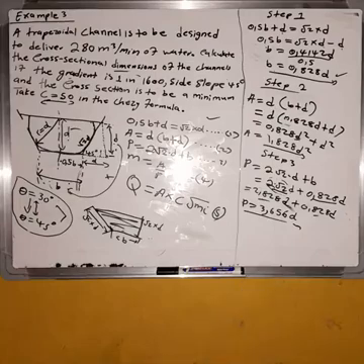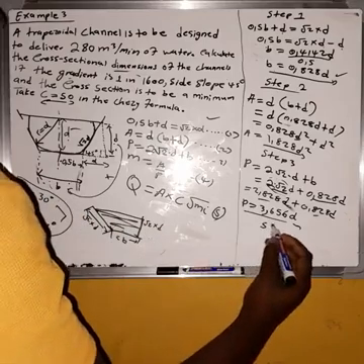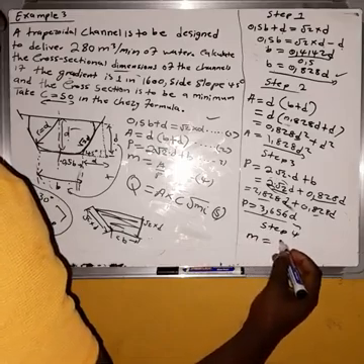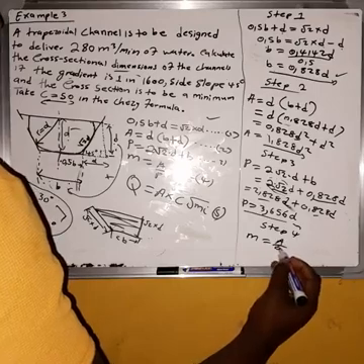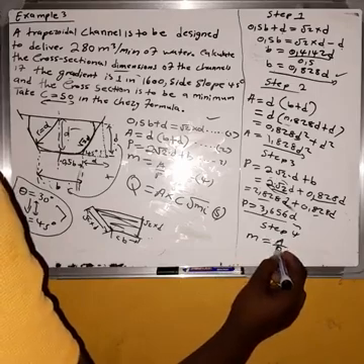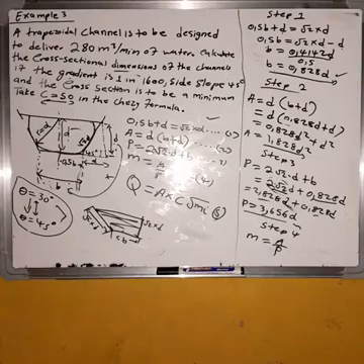Now you go to step 4. We are done with step 3. Step 4, you know, must be m, right? As always. We know that m is equal to area over perimeter.